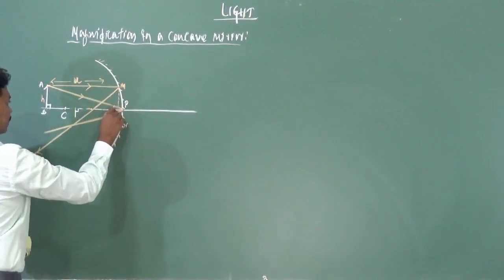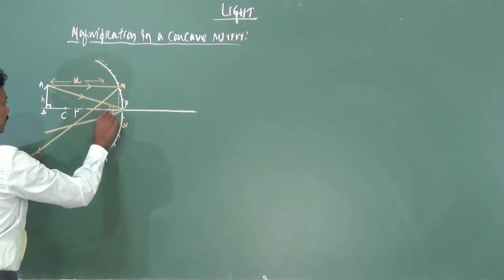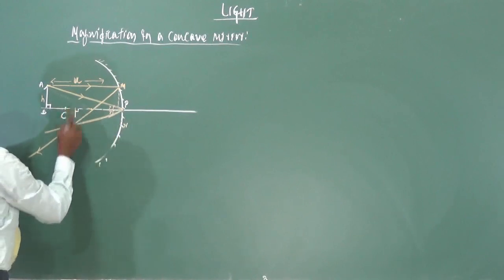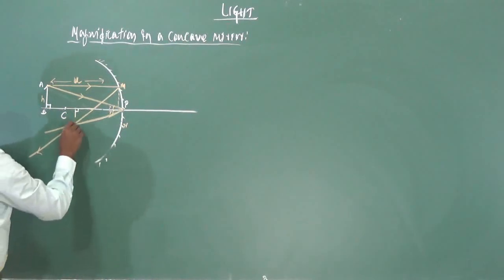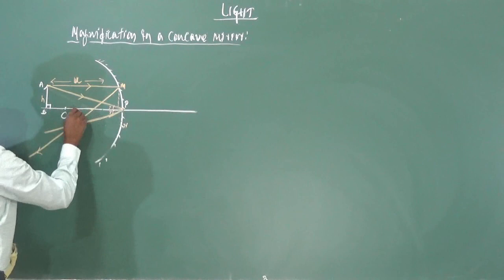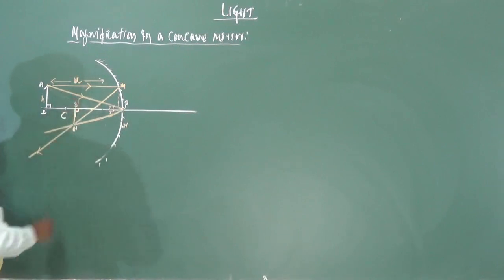So this angle will be equal to this, because this is the angle of incidence and this is the angle of reflection. So angle of incidence will be equal to angle of reflection here. It is very simple. The point at which the two light rays meet is the point where the image is formed. So it is A dash and this is B dash.